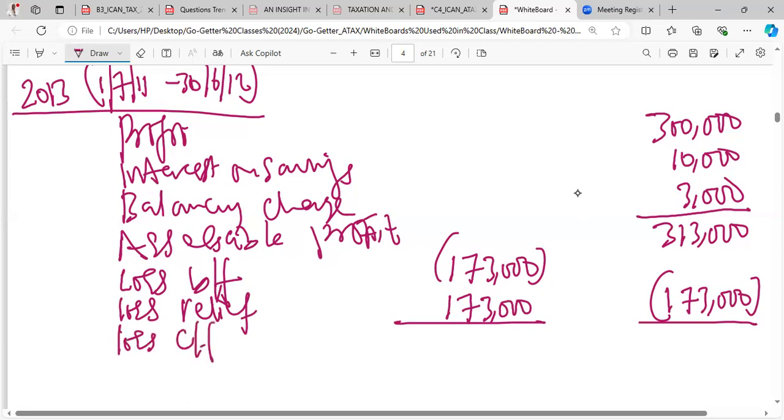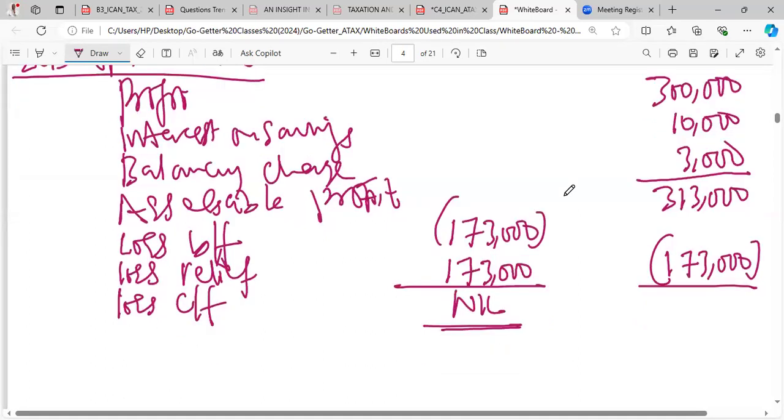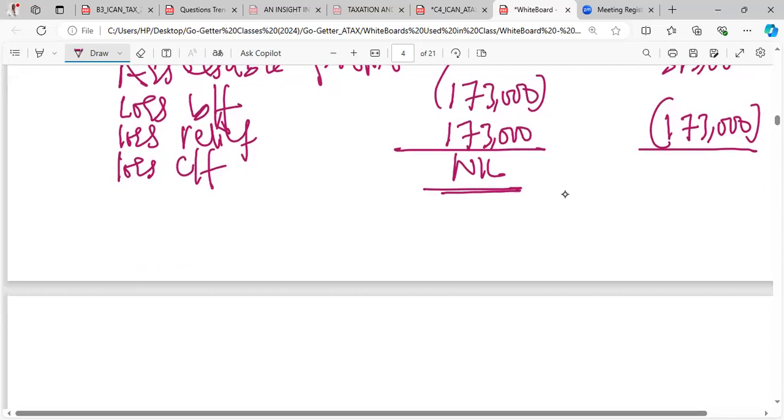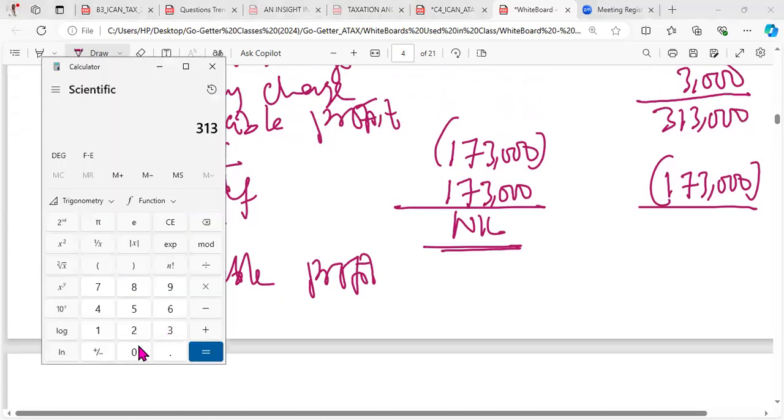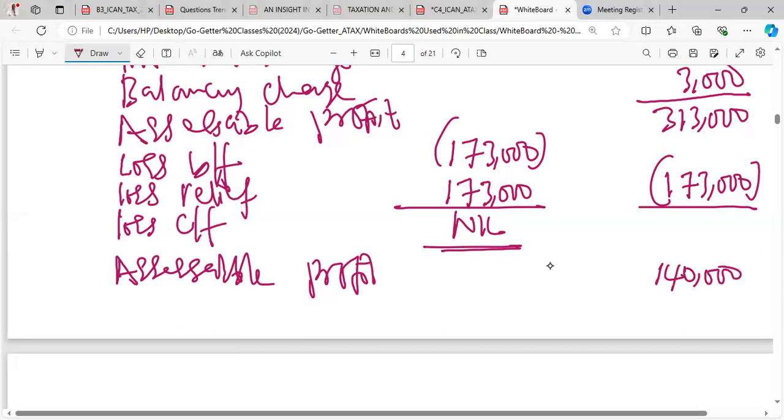Loss carry forward nil. Assessable profit: 313,000 minus 173,000 gives me 140. So this is my assessable profit 140.